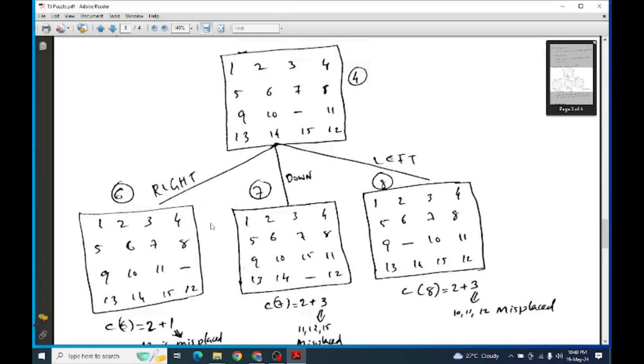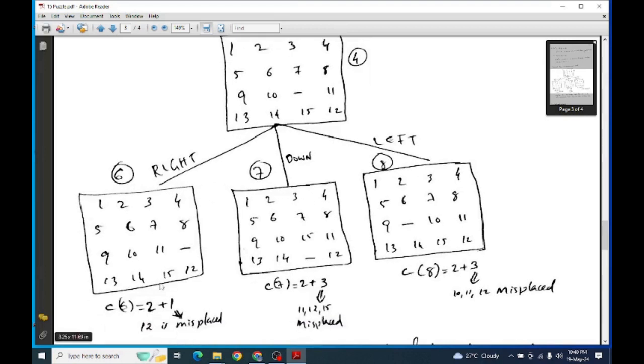What about the cost of 6? 2 movements from the initial state. Okay, so we have done 2 movements from the initial state. That is moving the empty space right. Okay, so that was the second move.